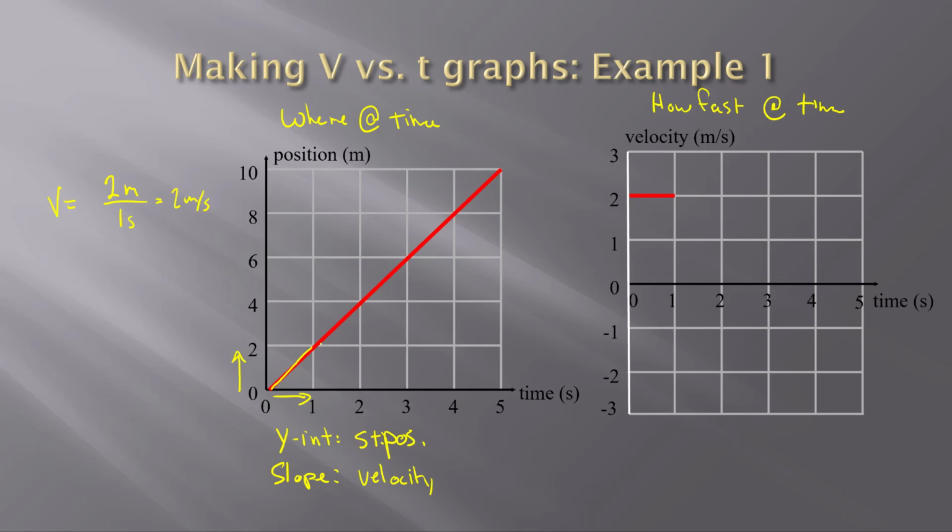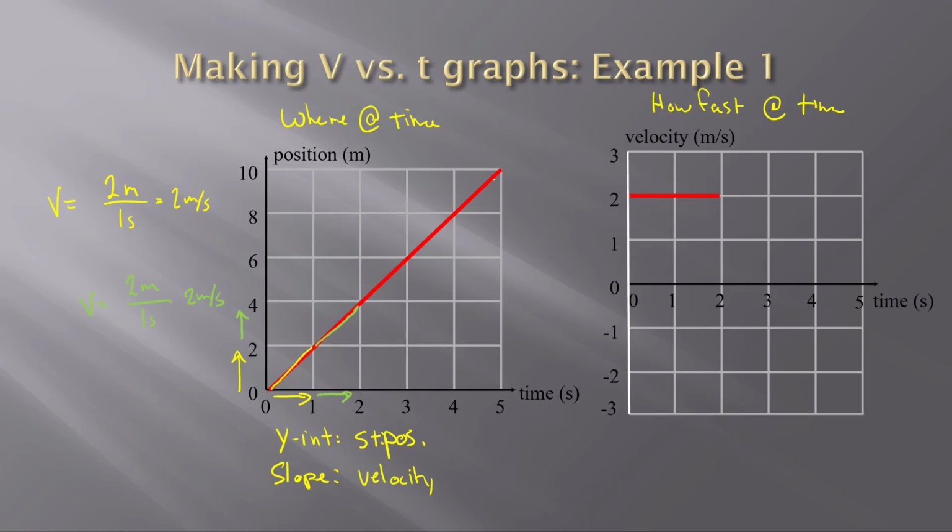Let's change it up for this section right here. The velocity for that section: it went from 2 to 4, so the change in position was, again, 2 meters. And the change in time from 1 to 2 is 1 second. So once again, 2 meters per second. If you just look at the graph, this is a straight line, which means a constant slope, so we don't have to break it down at every instant.